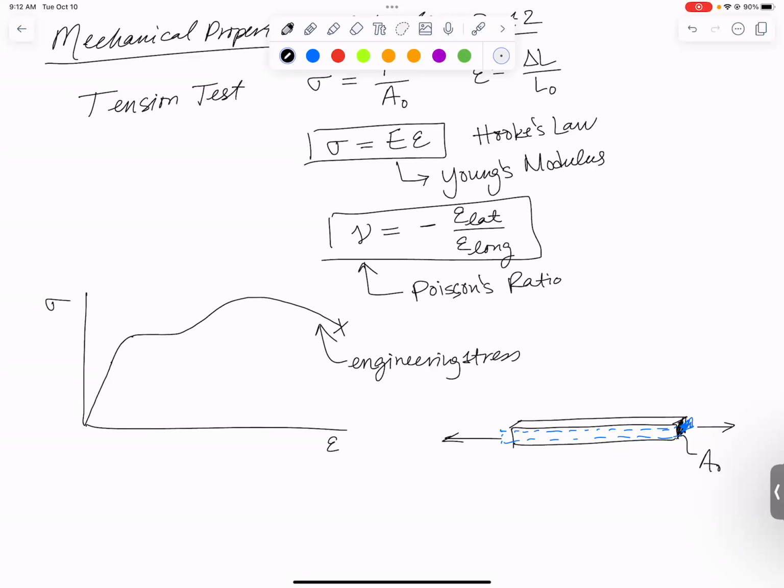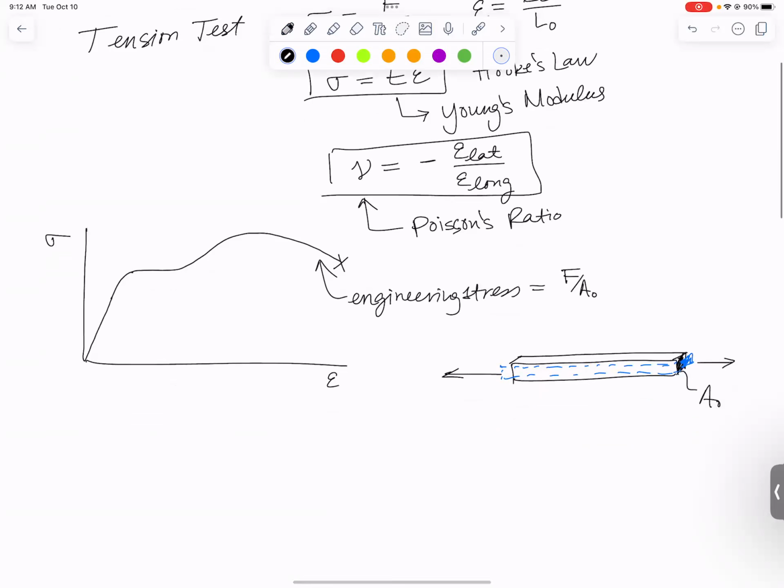We decided to define engineering stress as force over original area, but as the test goes along, the area gets smaller. And the more you strain, the smaller that area gets. So if we instead plot stress where during the test we keep updating the area with the current area, we get a different quantity called true stress, which is force over current area.